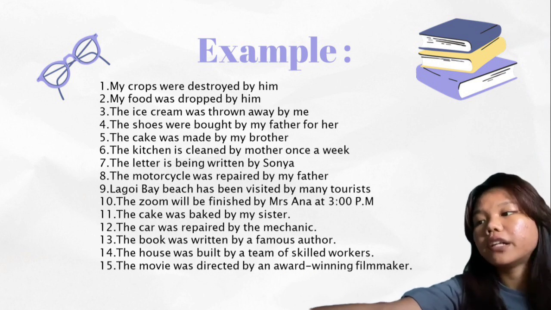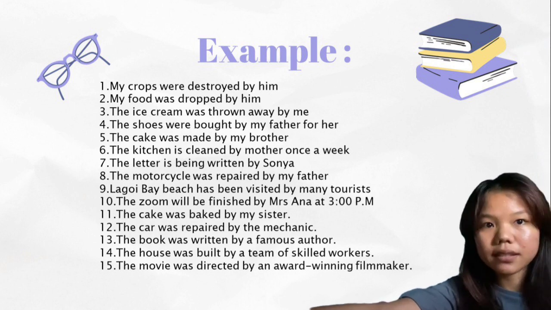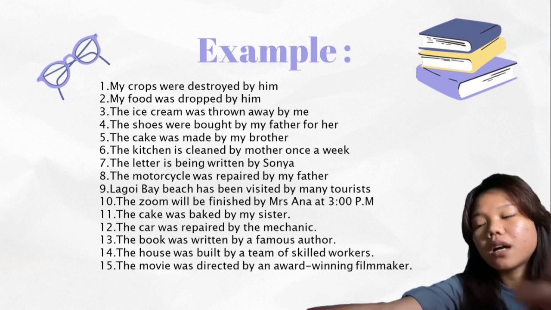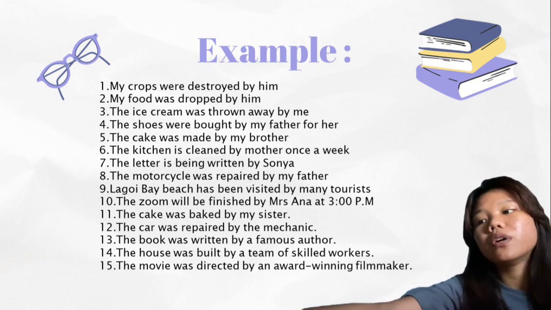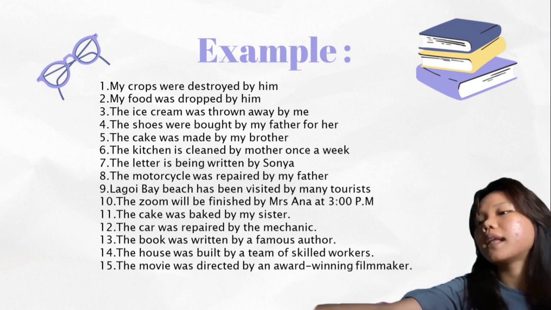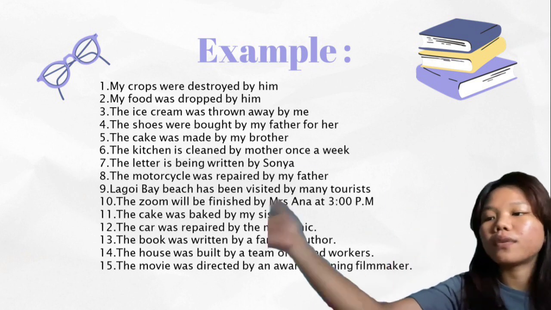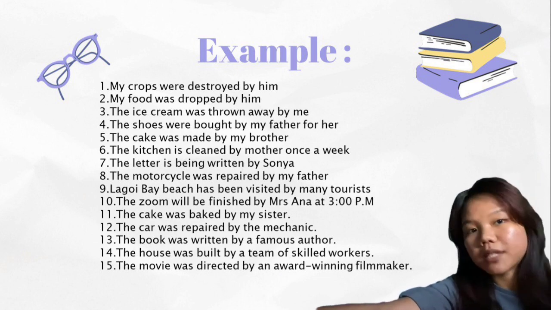And then 14 is the house was built by a team of skilled workers. The house is the object, was is to be, built is verb 3, and then by a team of skilled workers is the subject.